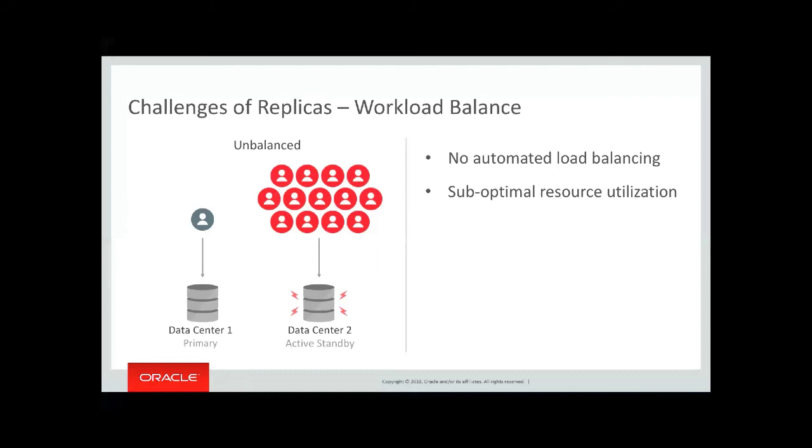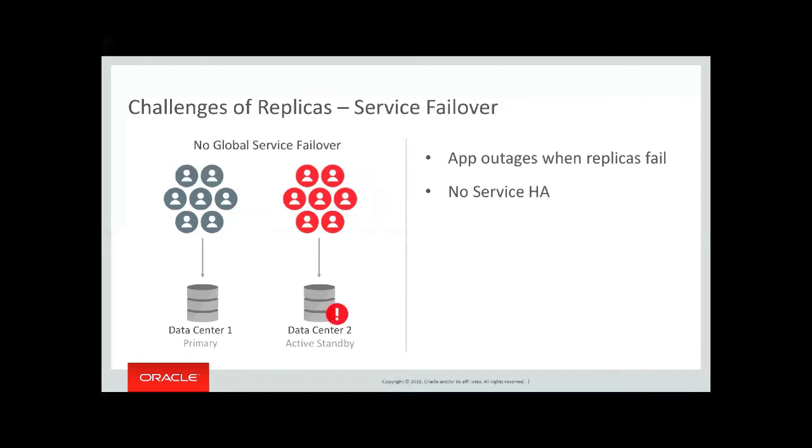And also there is no mechanism to load balance your workload across the databases. Let's say in this Active Data Guard example, I have a read-only workload that I'm running. I don't have a mechanism without GDS to effectively load balance this workload across these two replicas.